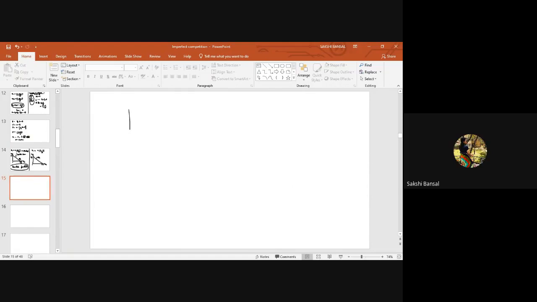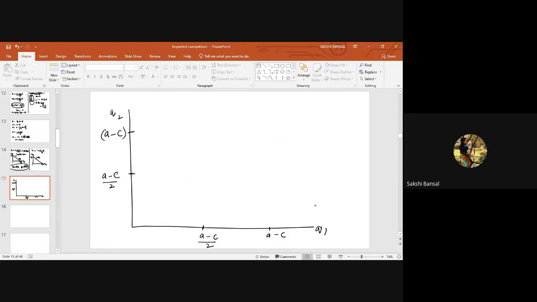That means what I am doing, I'm just putting both the things on my graph. I have these 4 points, right? I hope you all are doing it with me.